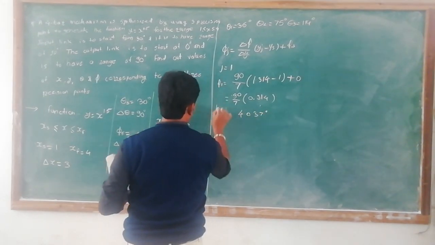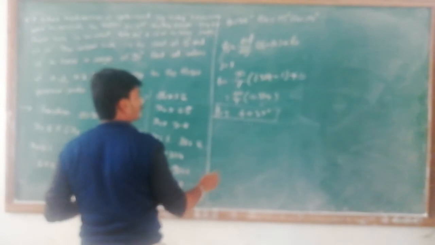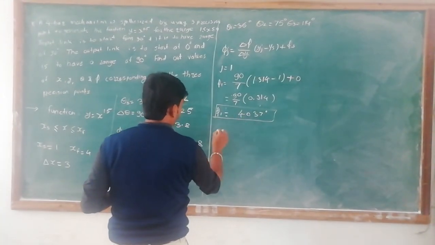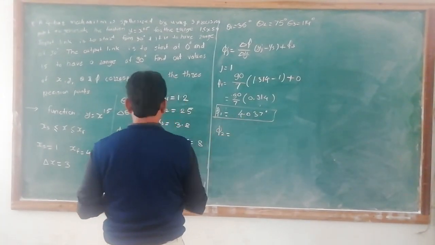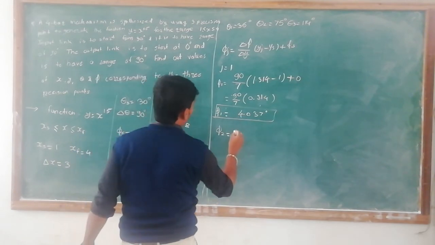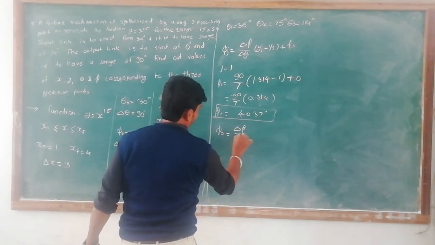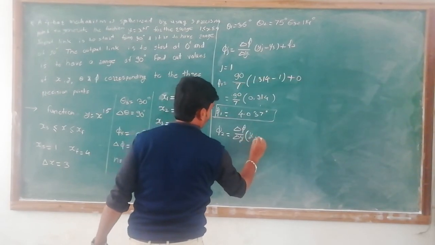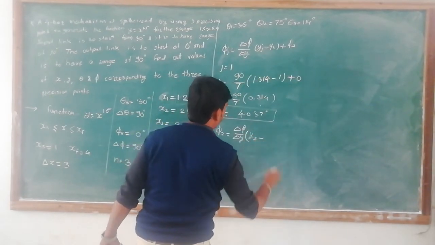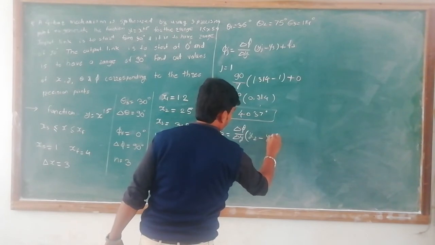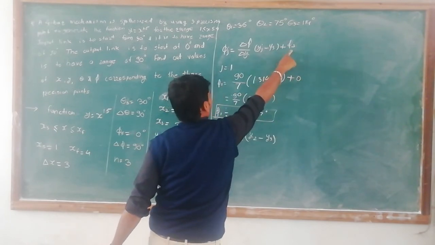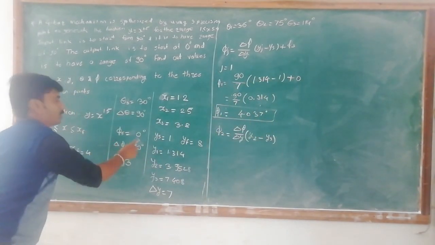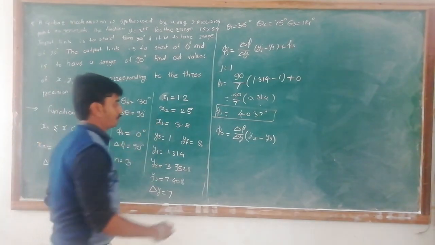4.037 degrees. Now phi 2 is equal to delta of phi divided by delta of y into (y of 2 minus y of starting). Phi starting is equal to 0, so no need to write this.